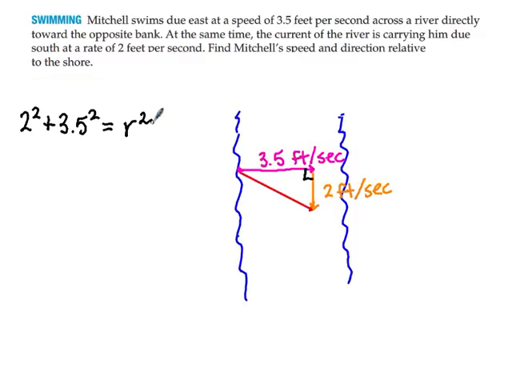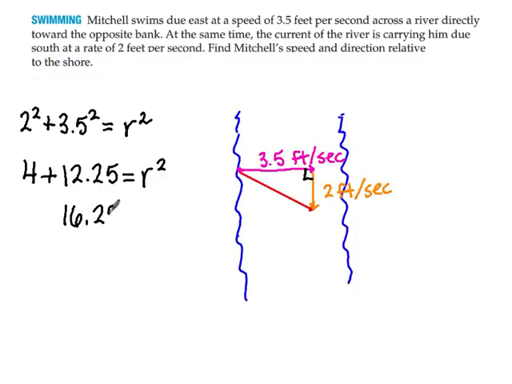So you know 2 squared is 4. What's 3.5 squared? 12.25. So you've got 16.25.